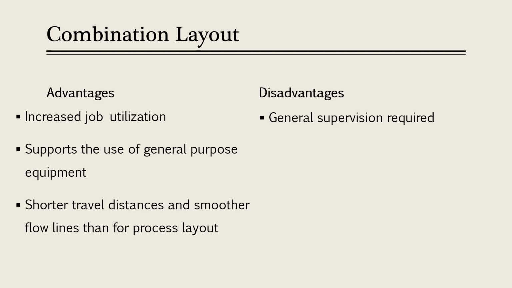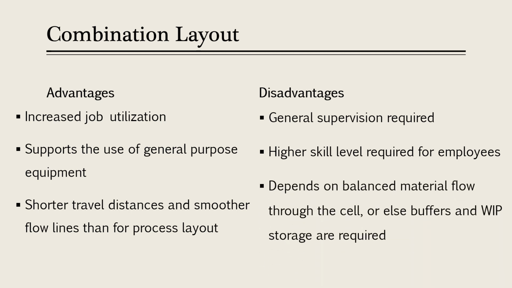Sometimes general supervision is required, and a higher skill level is required for employees in the combination layout, and depending on the balance of material flow through the cells, buffers and work in progress storage are required. Which means we have to keep some space to keep the inventories.